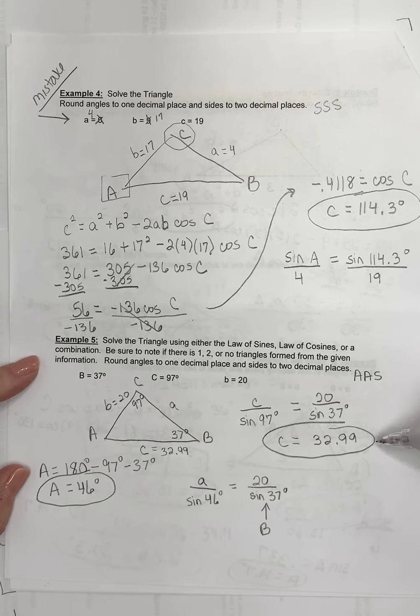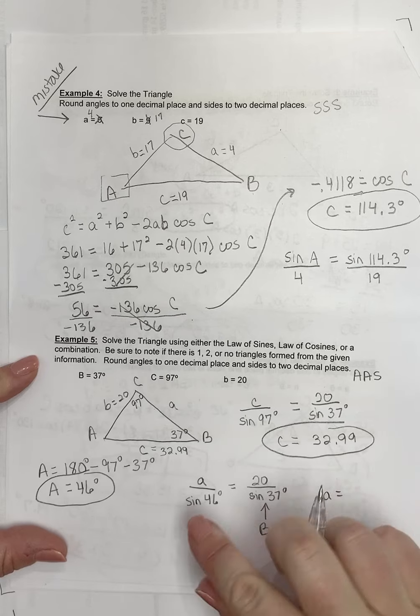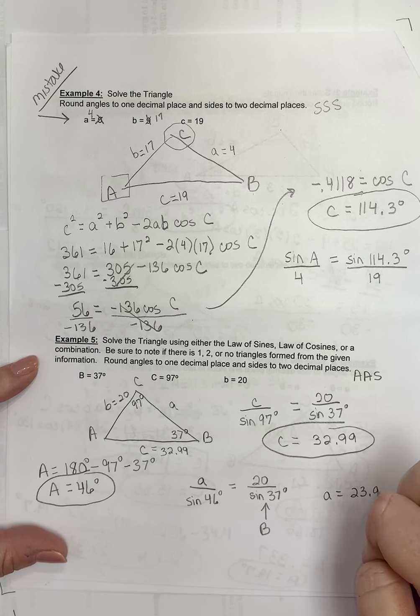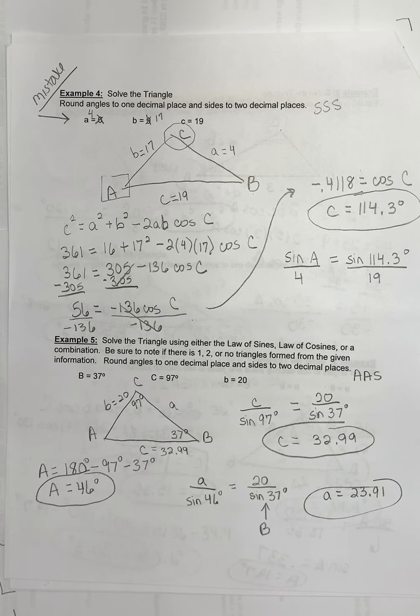Just in case we got C wrong, I would hate to then also get A wrong just because we relied on a piece of information that we came up with. So when I multiply and then divide, I come up with side A is 23.91. And there we go.